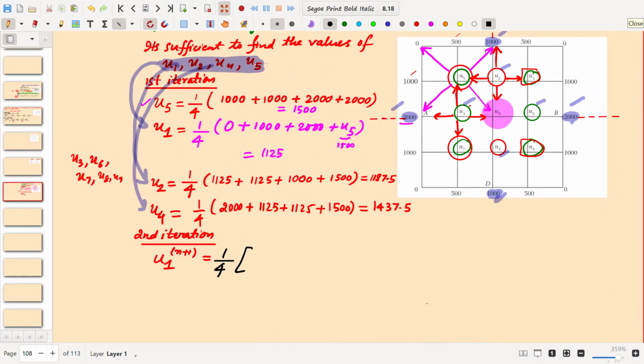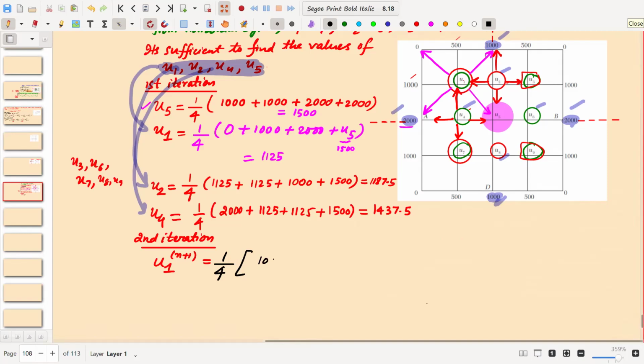So what will you get? You will get 1000 plus U4 of n plus 500 plus U2 of n. Do you agree?